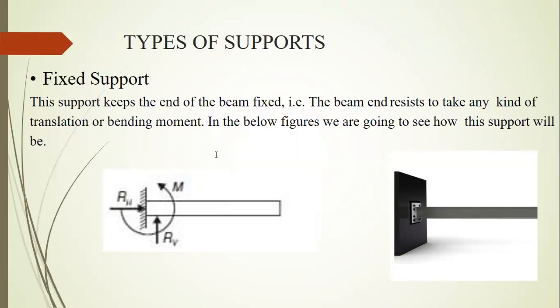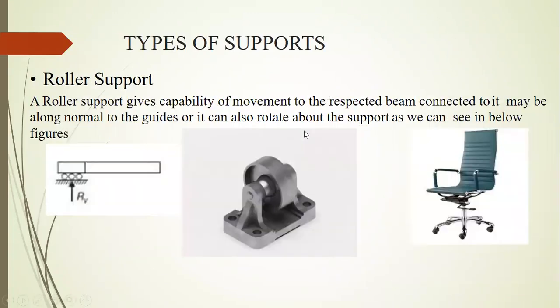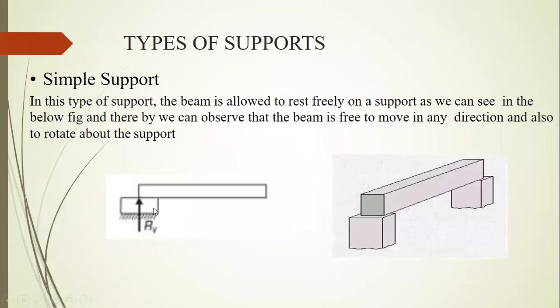Now let's move on to simple support. The second type of support is simple support. If the support is resisting, for example, if you keep an object over another object, that will be considered as simple support.